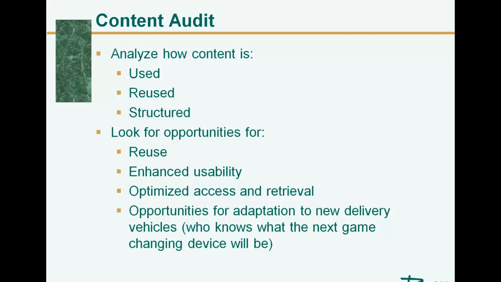It's just a different delivery vehicle, and people love it, and they will happily work with that particular delivery vehicle because it's more convenient, it's portable, whatever the case may be. So what do I have to help them identify in their content such that it can be structured and modularized so that we can represent that content in its best possible light on whatever device we're delivering to? So we do all of that in a content audit.